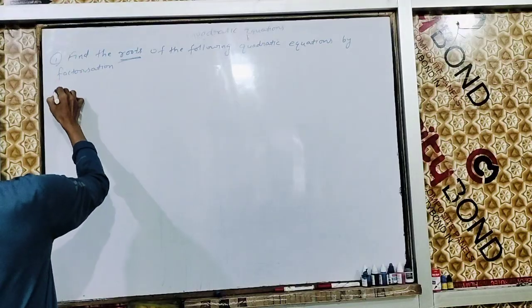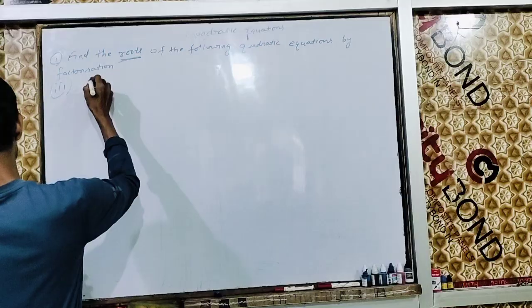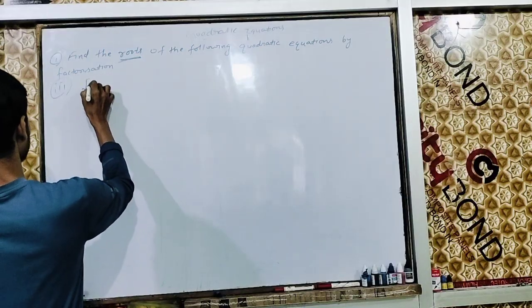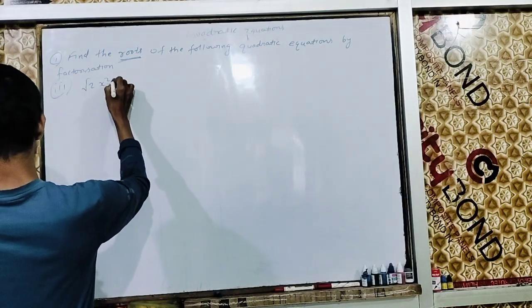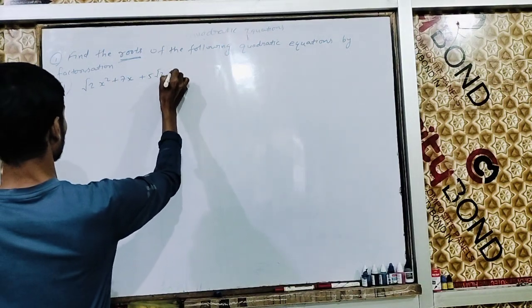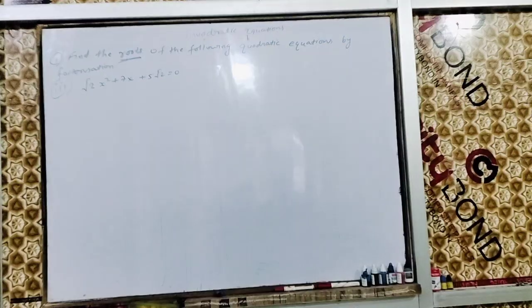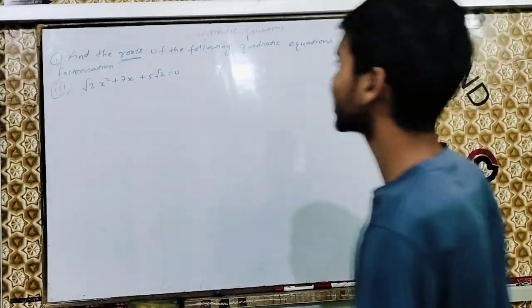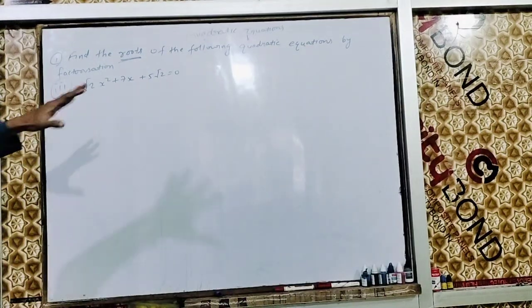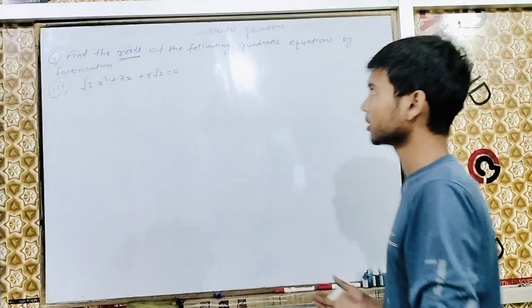Look at this question. Here you can see root is coming. It doesn't mean that it will be difficult. Just read this question, understand this question, so that you can have clarity.